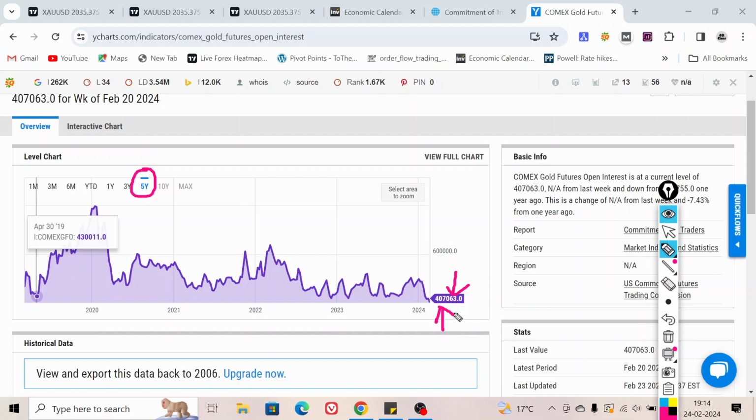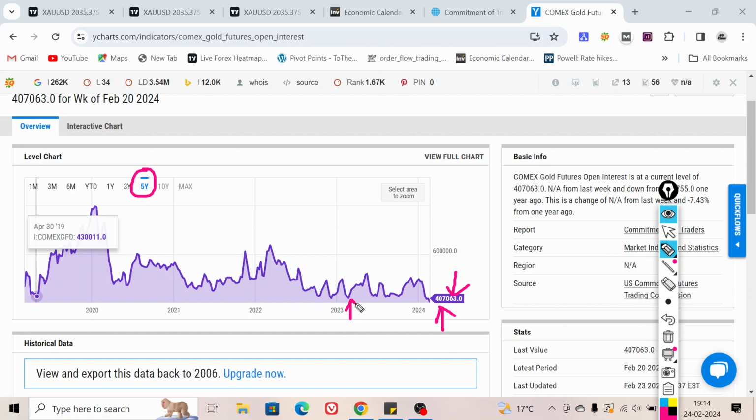As per the historical scenario, whenever the open interest fell to a low level, we saw bulls enter the market and we saw a bullish move every time.